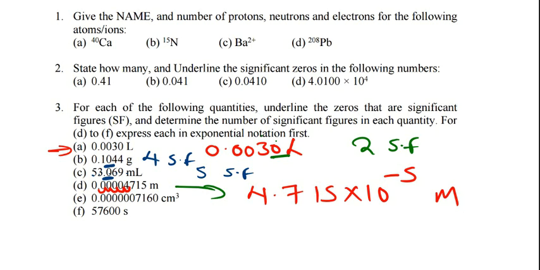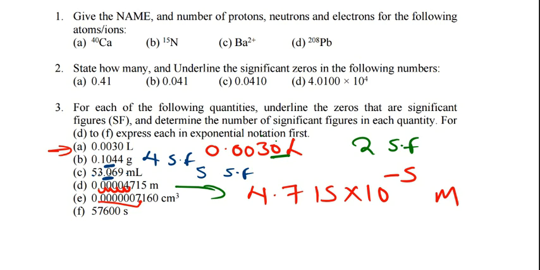So you can do the same for E and F. Then pause the video, try that out, and compare your solutions to the PDF solutions provided on our site. Just move the decimal point to that point, and then try to underline a zero that is significant if it is, and then also count the number of significant figures.